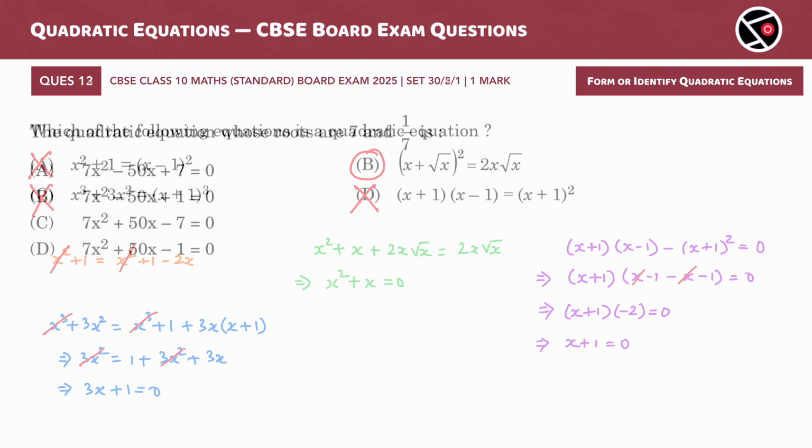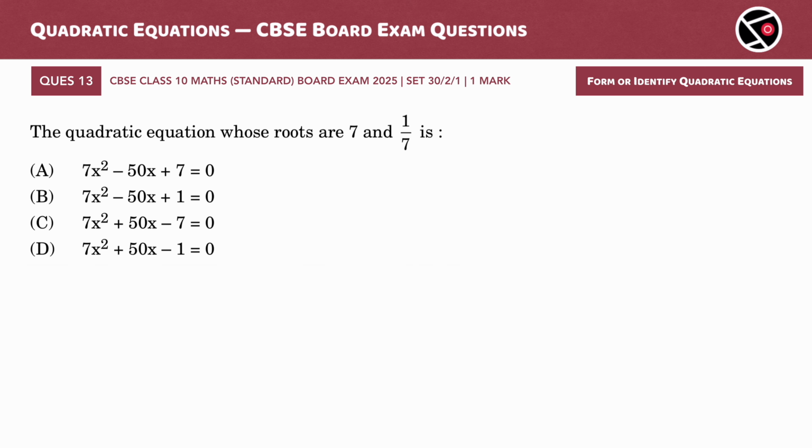Next, we have a simple question from 2025 exam. You have 30 seconds. Alright, we have the roots and we need to find the quadratic equation. Any quadratic equation with roots alpha and beta can be written as x square minus alpha plus beta x plus alpha times beta equals 0.